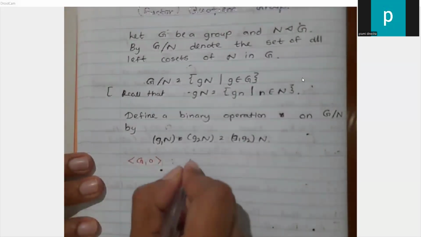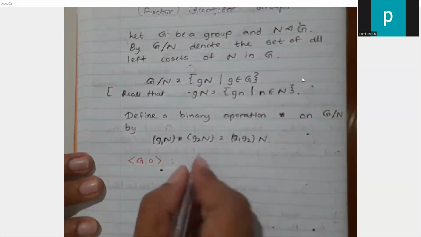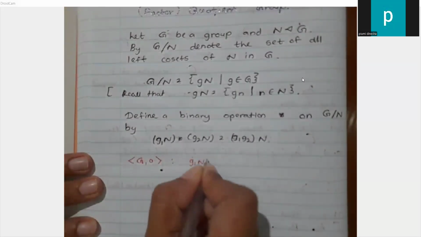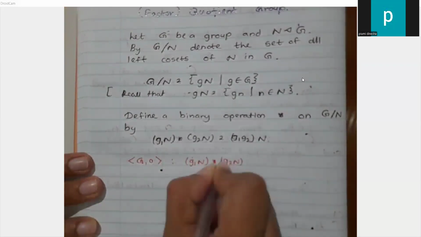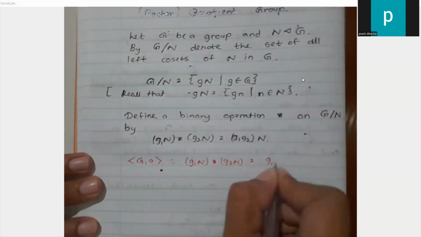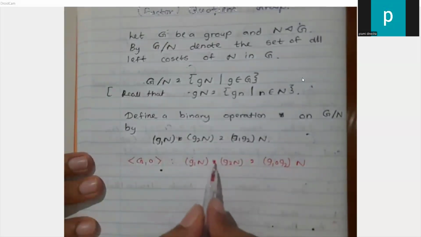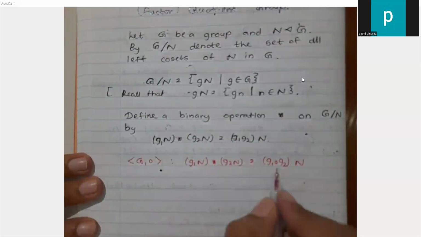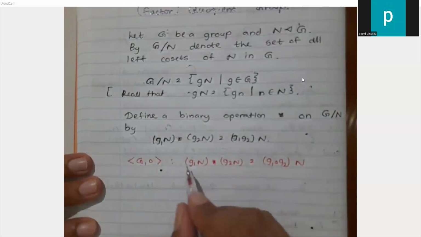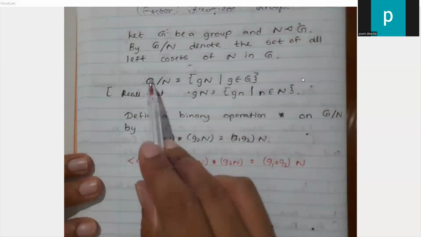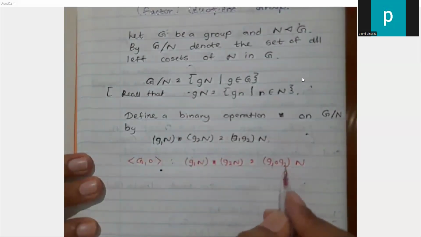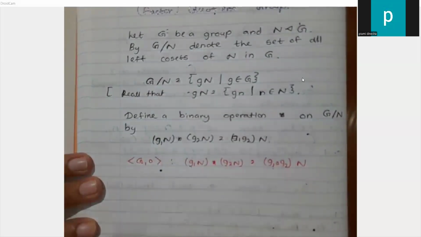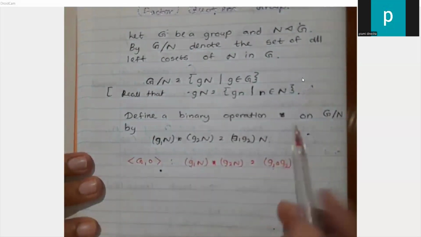Then by g1N star g2N, we mean g1 circle g2 N. So once you apply this binary operation, we get g1 circle g2, for g1, g2 taken from the group G. g1 circle g2 means an element in G once you apply the binary operation over G. What do we have in this?